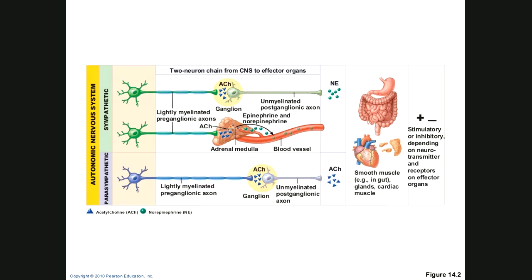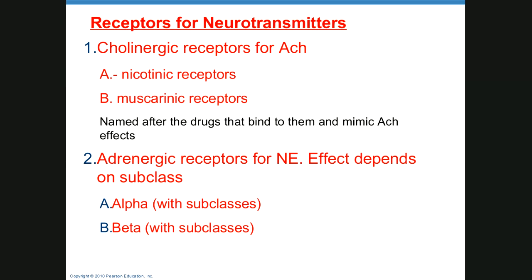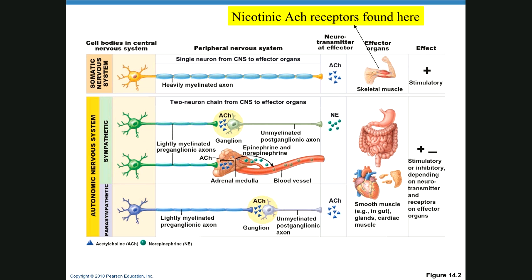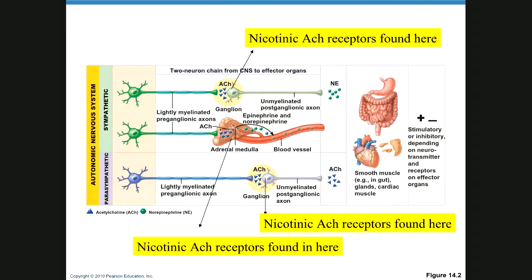In the adrenal medulla, the preganglionic neuron is secreting acetylcholine, which means the little cells here need to have nicotinic receptors. So nicotinic receptors always create a depolarization because they are sodium channels. Nicotinic receptors are found in skeletal muscle, and in the body and dendrites of postganglionic neurons from both parasympathetic and sympathetic and adrenal glands.